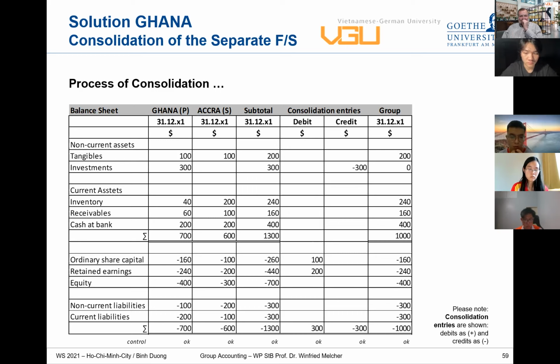So in the end, to check whether you're right, you should look at equity of your group accounts, and they should be the same as of the parent. So if that is not equal, then you have made a mistake. Okay. And in the end, you should not show an investment of fully consolidated companies, because they are included in all the other assets and in all the other liabilities.